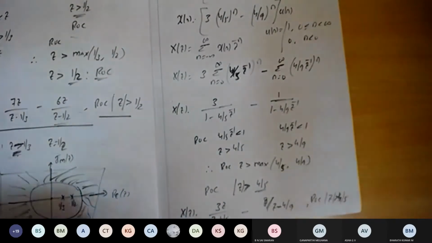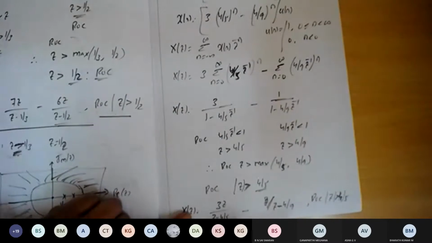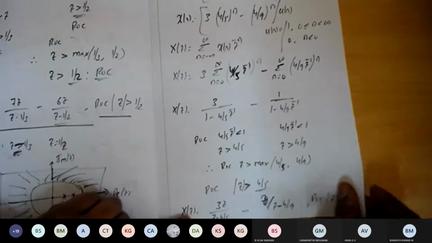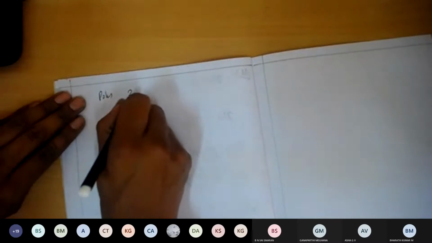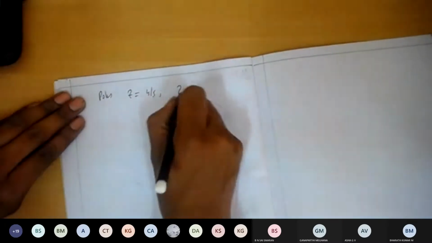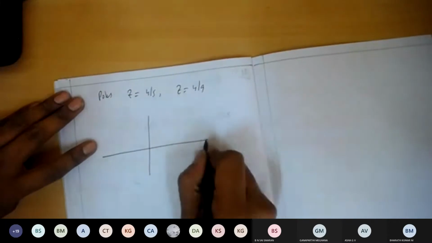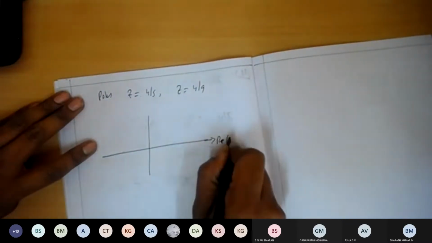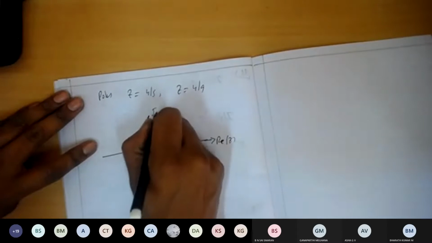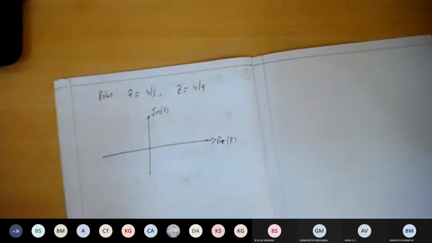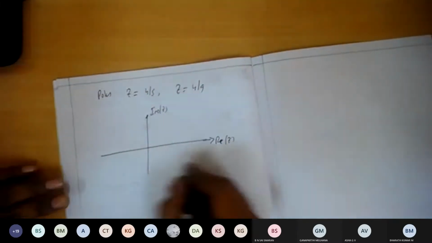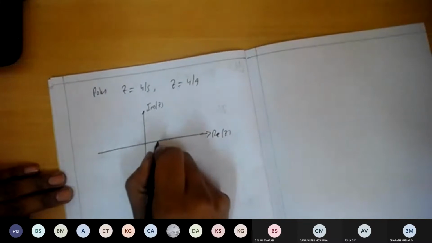Now let us plot the ROC and the location of poles. One pole is located at 4 by 5, and the other pole is located at 4 by 9. So we'll plot the ROC. This is the real part of Z and this is the imaginary part of Z. We have 4 by 9 less than 4 by 5.